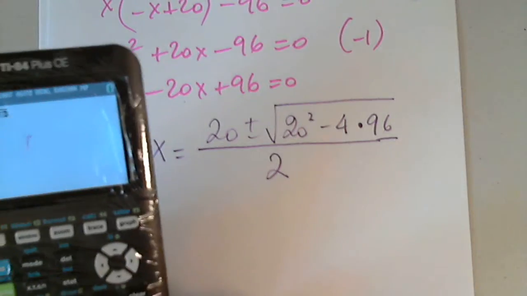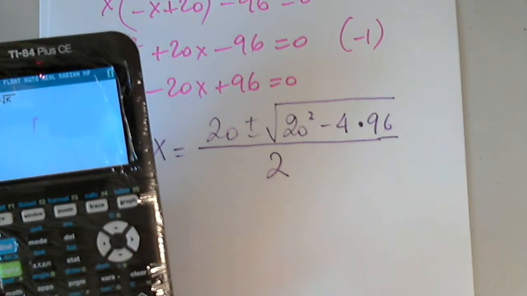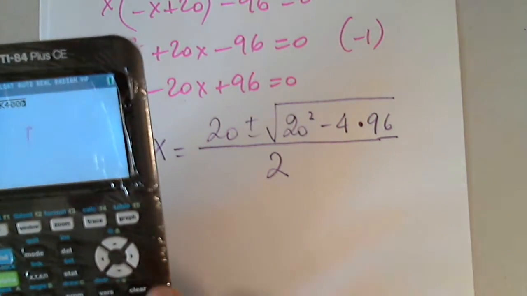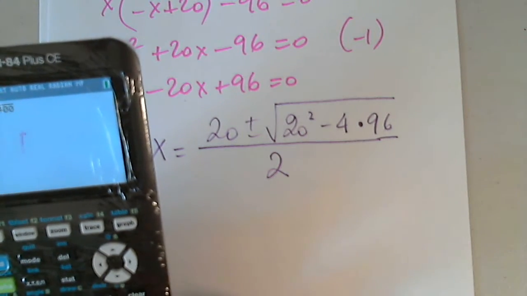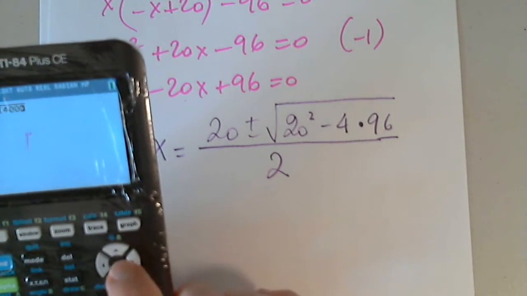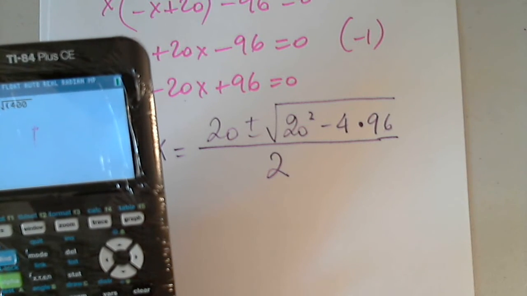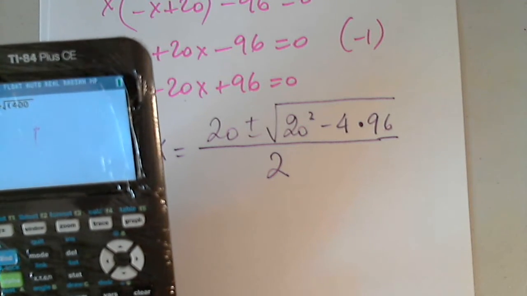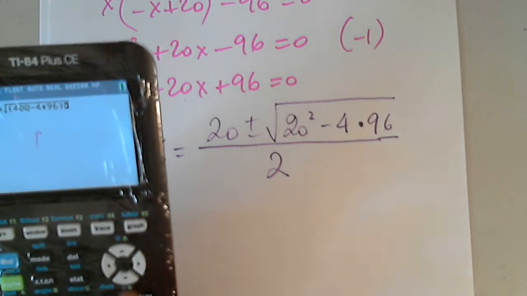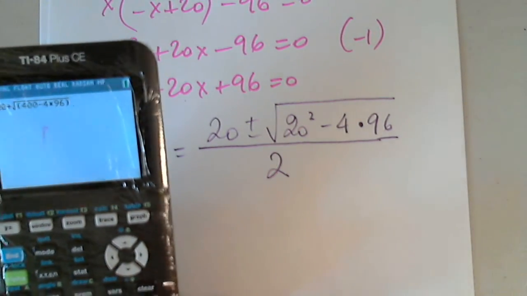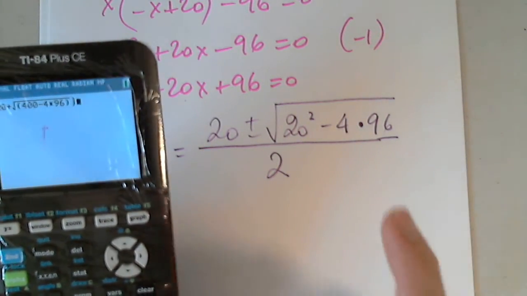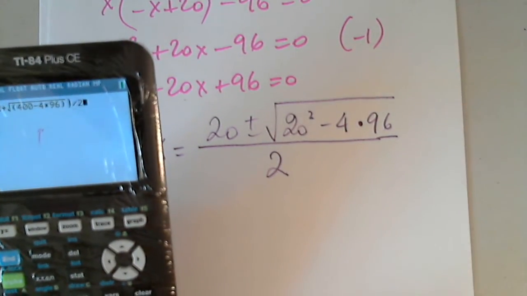I also put parentheses under the square root, depending on what type of calculator you have. It may even pop up with it. It's just that my calculator came up with k instead of left parenthesis. Okay, minus 4 times 96, close the parenthesis for the outside and for the numerator, and then divide by 2.